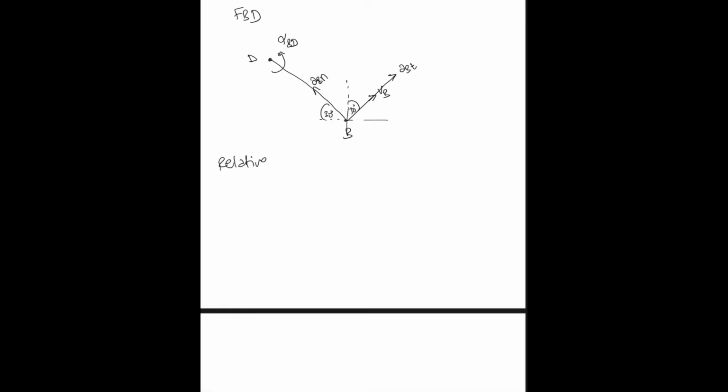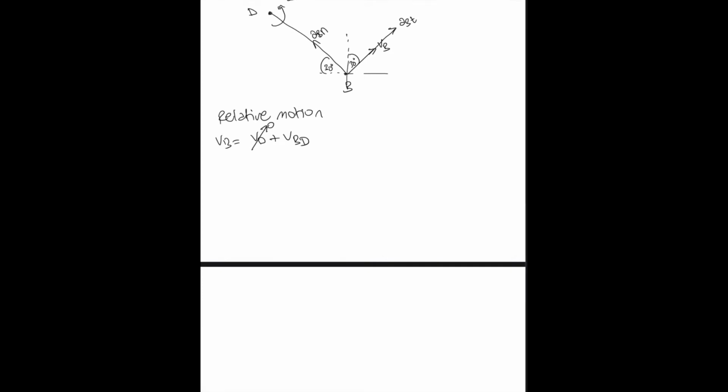So our relative motion equation is going to be VB is equal to VD plus VBD. However, because D is a point and it doesn't move left or right or up or down, it's just a pivot, VD is going to be equal to 0. So VB is just going to be equal to VBD, right?